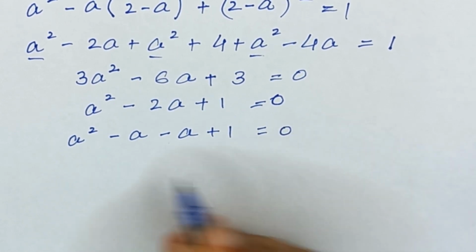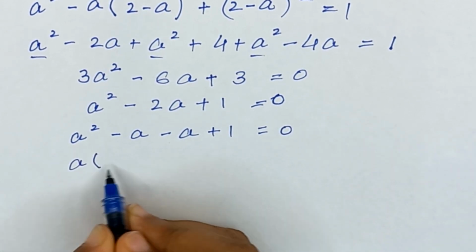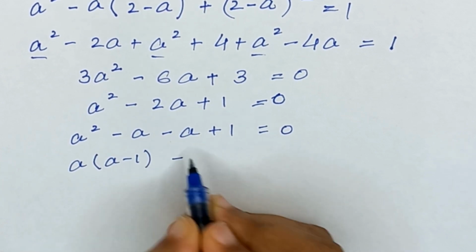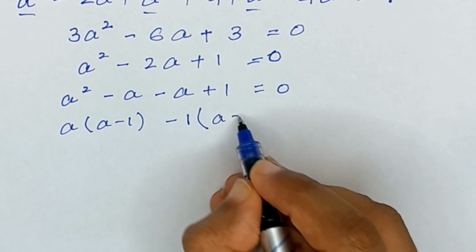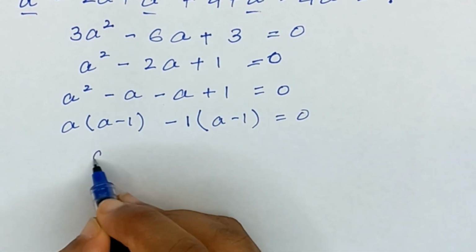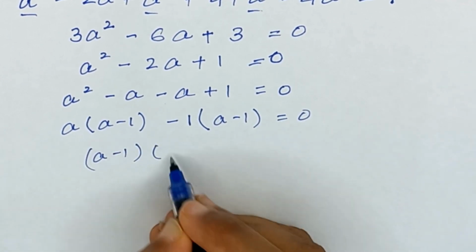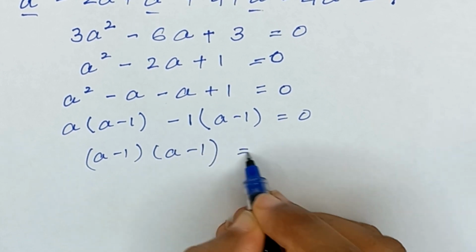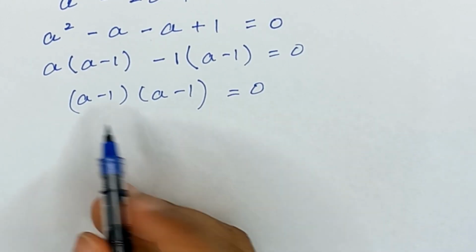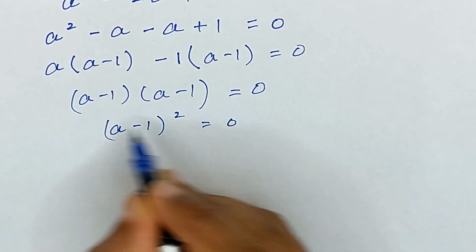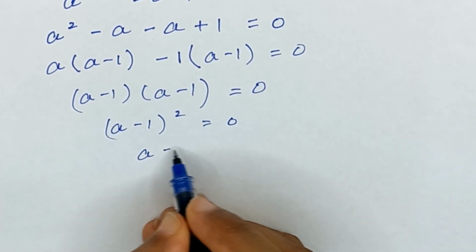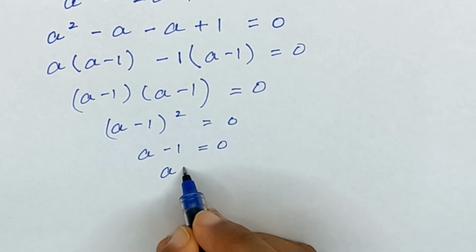From these two terms, a is common, so it will be a minus 1, and from here negative 1 is common, so it will be a minus 1, is equal to 0. A minus 1 times a minus 1 is equal to 0. Now it can be written as a minus 1 whole square is equal to 0. By taking square root on both sides, a minus 1 will be equal to 0.